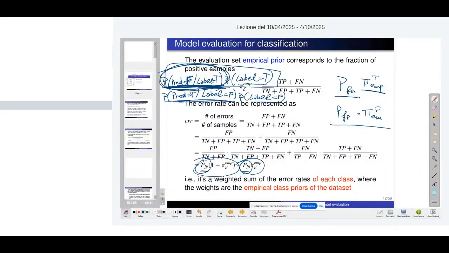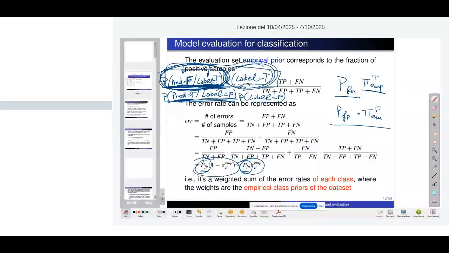So this would be the probability that I get a wrong answer for samples of class true. This is the probability that I get a wrong answer for samples of class false, each weighted by the probability that a sample belongs to that class. That gives me exactly my error rate. The probability that I make a mistake given that it's true times the probability that it's true.